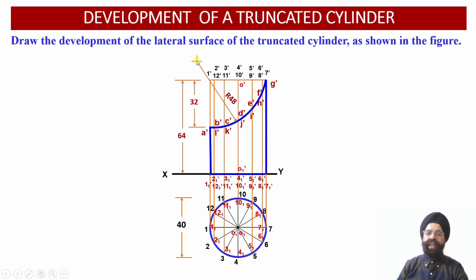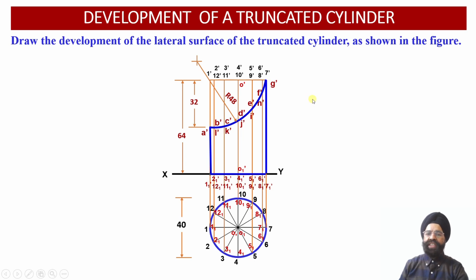Now from this point of intersection of the two arcs, the center point, we again open the compass to 48 millimeter radius. When we draw this arc using this point as the center, we obtain the orientation of the circular cutting plane in the front view projection.